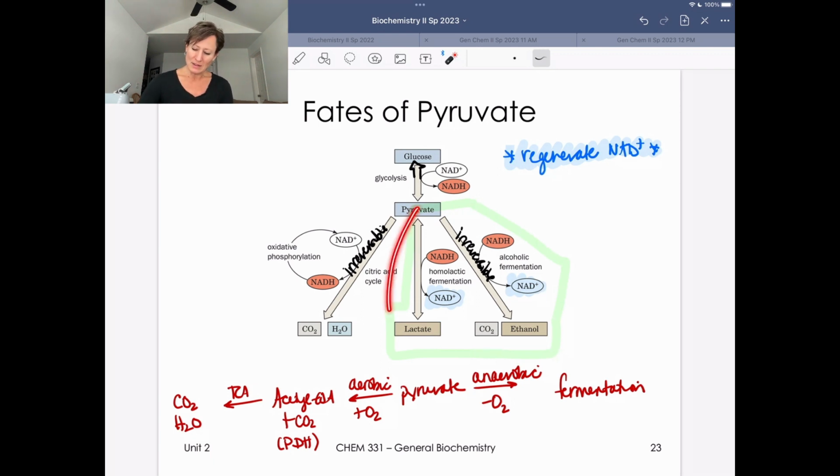Now, importantly, this is a reversible process, so we'll talk about what you do with lactate now. That was a short-term fix to regenerate NAD+, but now what do you do with that lactate that's generated? We'll get to that in another video. But what about alcoholic fermentation? That is bacteria, yeast, anybody who does any brewing.